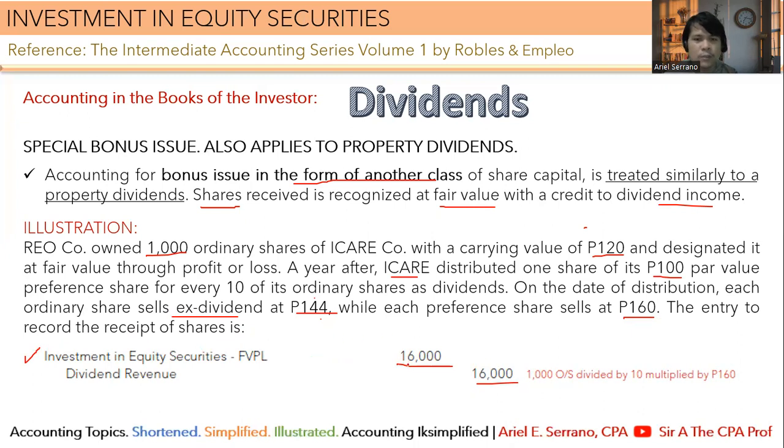How did we compute the 16,000? As I said earlier, 1,000 ordinary shares divided by 10, so you will receive 100 preference shares, multiplied by the market value of the preference share, 160. So you have 16,000 pesos.